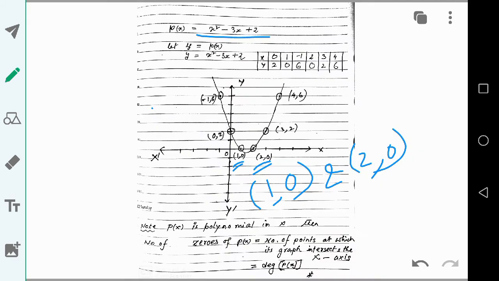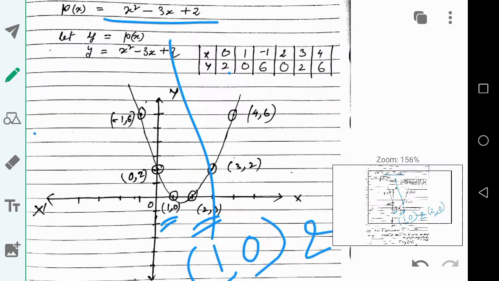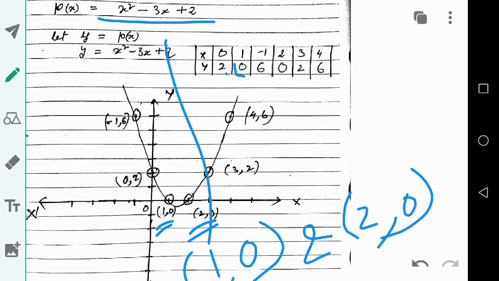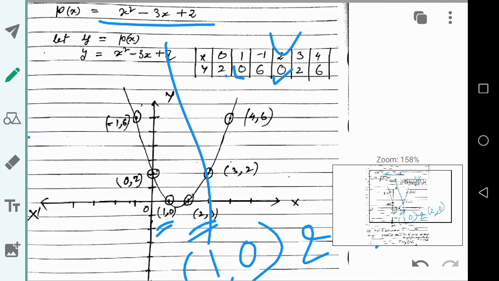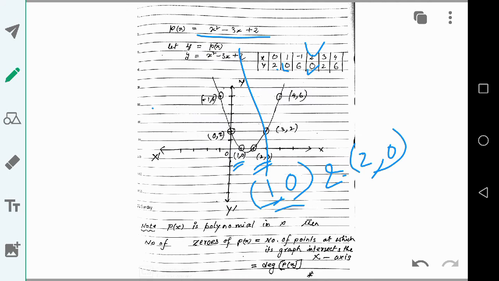If you put 1 here, then you will get 0. If you put 2, then also you will get 0. That's why these two are the zeros of that polynomial. Their x coordinates are the zeros of that polynomial.